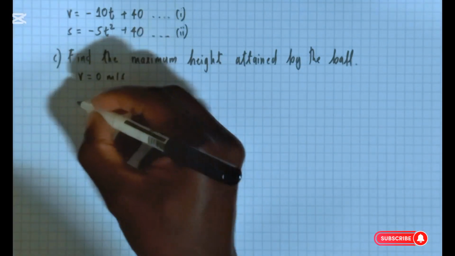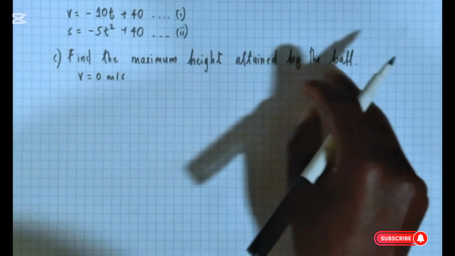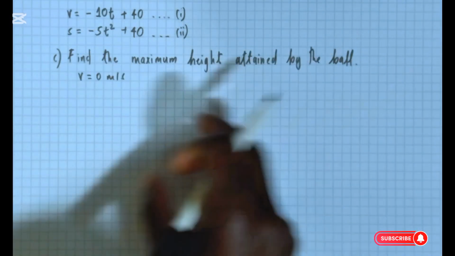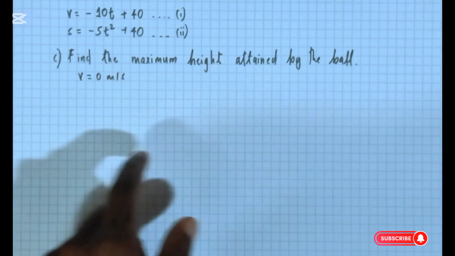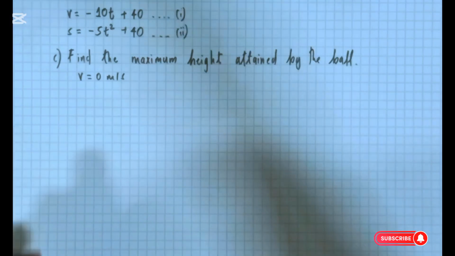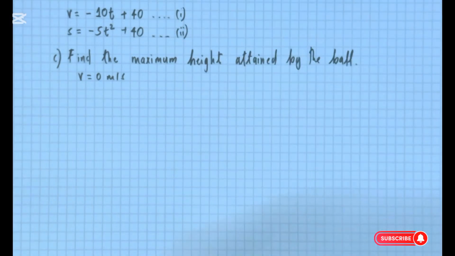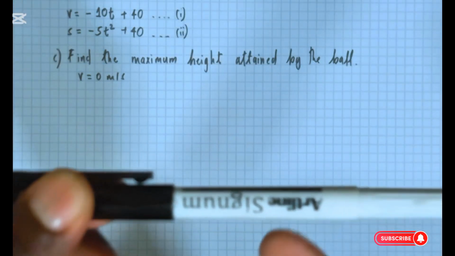We're supposed to find the maximum height. So we have that V is equal to 0, and what else do we know? We are going to use this concept to find also the time at which the ball reached the maximum height.